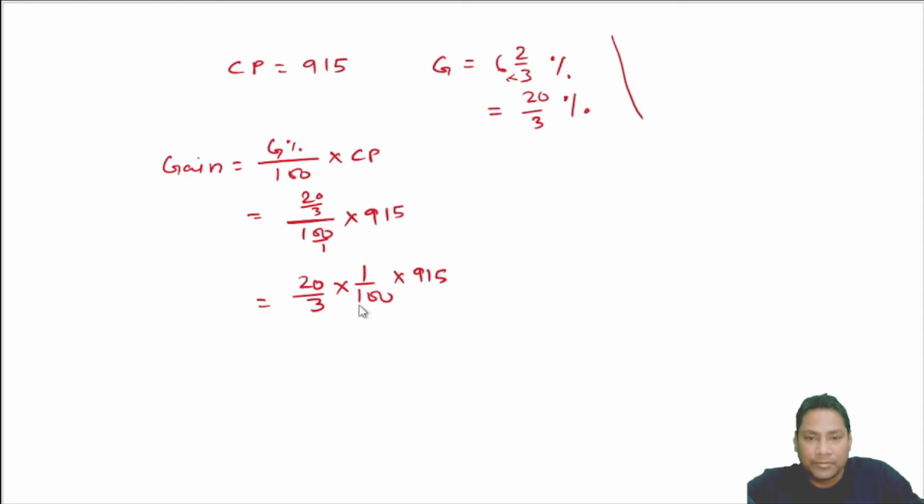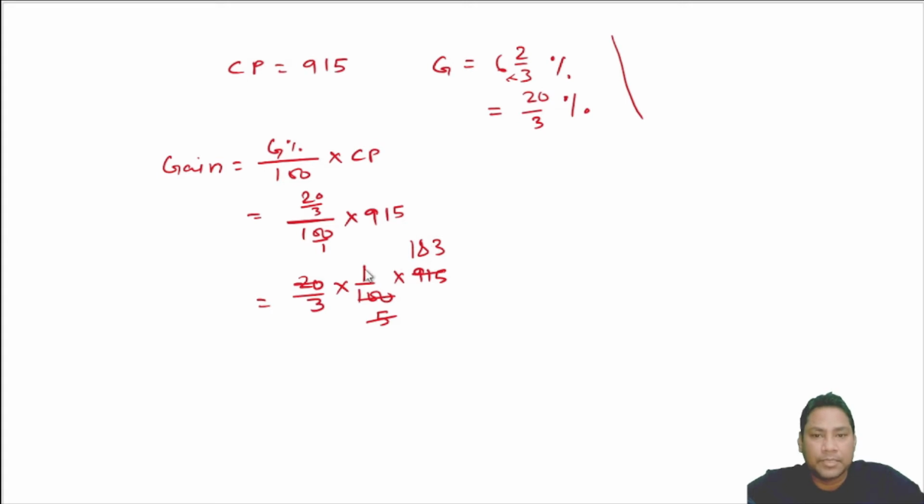Now the reciprocal of this 100 by 1 becomes 1 divided by 100 multiplied by 915. Now we will simplify this. 5 20s are 100, 5 1 is 5, 4, 41, 5 8s are 40, 1 5 15, 5 3s are 15. So how can we divide 183 by 3? The formula is to first add the digits. If the sum of the digits is divisible by 3, then the whole number will be divisible by 3. Likewise, we first add 1 and 8, 9, 9 and 3, 12.